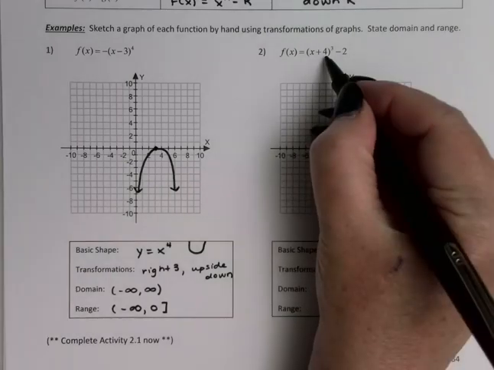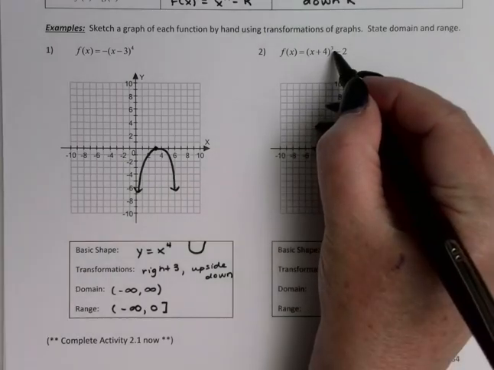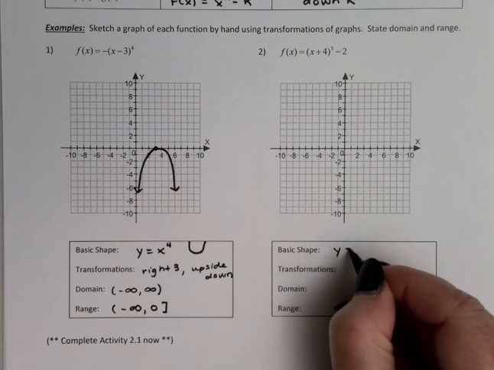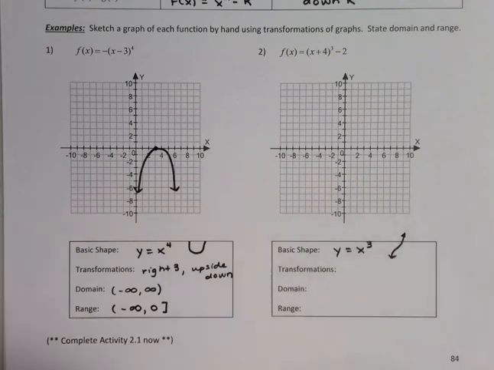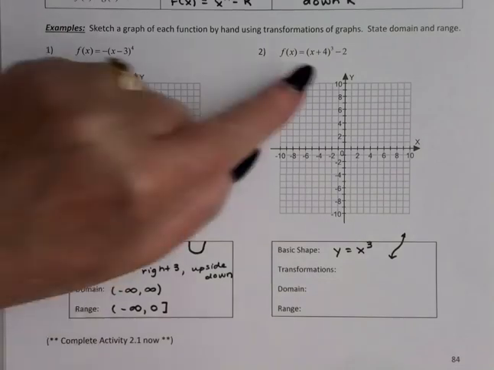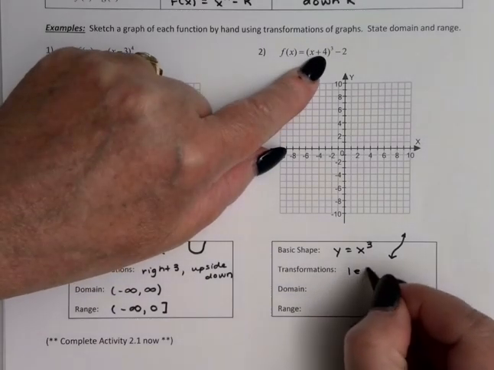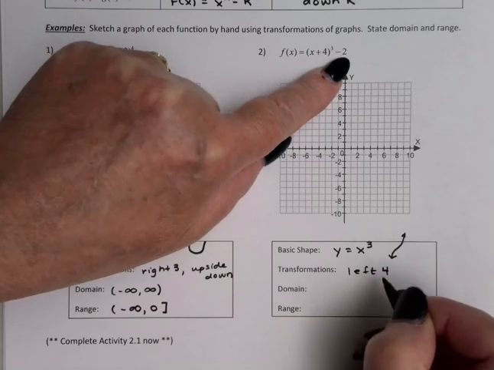All right, what about this one? Our basic shape is going to be like y equals x to the 3rd here, which is one of these wavy shaped graphs. This one's been shifted left 4 and down 2.